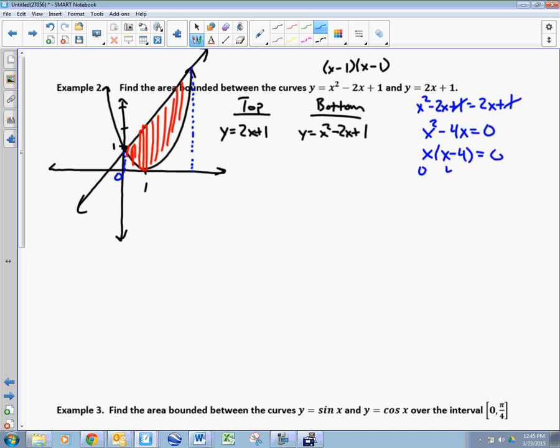So it confirms that you have a 0 at 0, and then you also have 1 at 4. Now you can set up the bounds appropriately. Or I'm sorry, set up the integral appropriately. Our integral goes from 0 to 4. We have the top function, 2x plus 1, minus the bottom function, x squared minus 2x plus 1, dx.